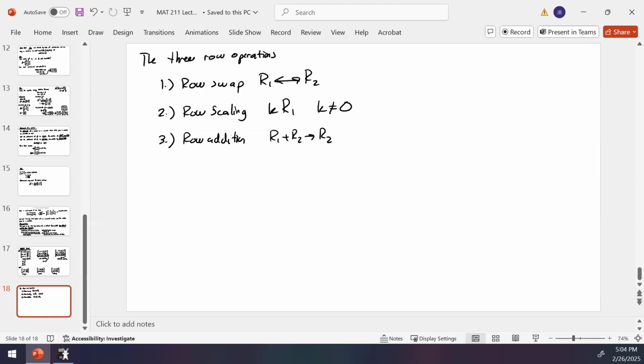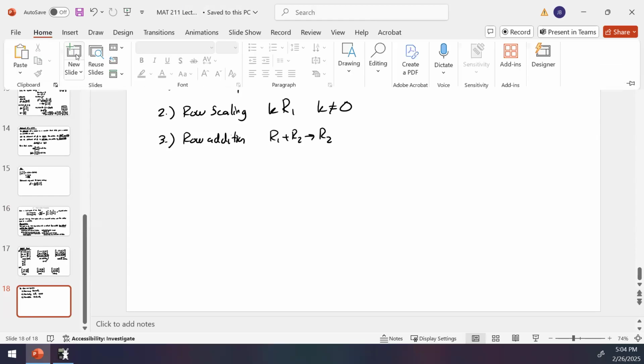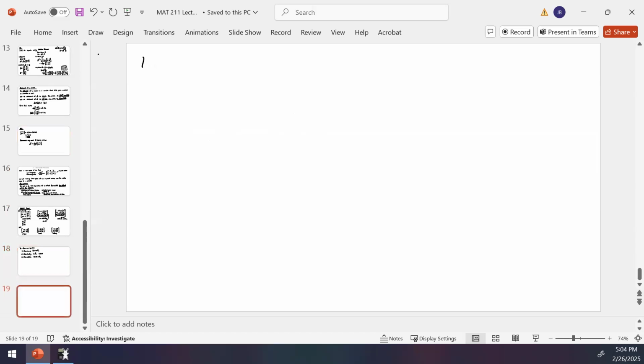So let's practice by solving a system using these row operations. So here's the basic idea. But here's the best part: you can do this all on your calculator. And once you get comfortable with the calculator, these problems take 10, 15 seconds. So solve 2x plus 3y equals 1 and 5x plus 4y equals 6.